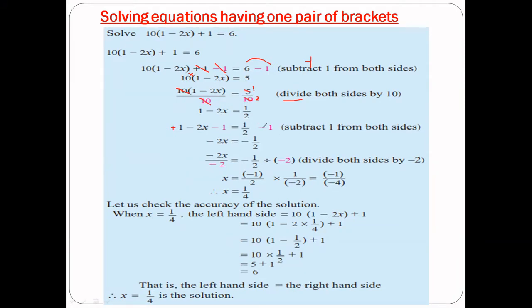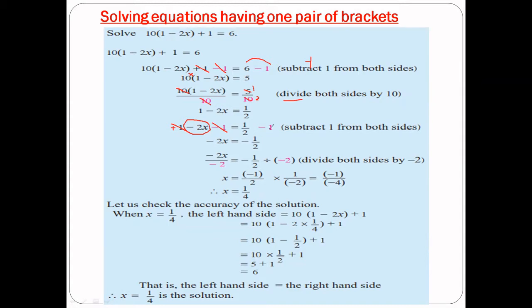So put minus 1 to both sides. Now you can cancel out this plus 1 with this minus 1. Now what is remaining? Minus 2x remains. So you can write here minus 2x. Half minus 1.